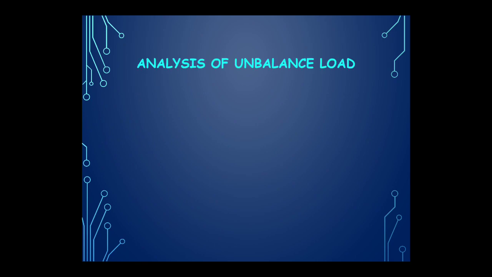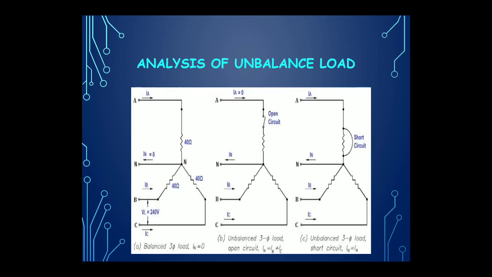Now analysis of unbalanced load. Here you can see the first one is the balanced three-phase load where IN equals 0. This is a star connection. When this is balanced, it means the load impedance or load resistance of each phase is the same. These are 40 ohm, you can see here. So the load currents are also the same, because these three coils are identical in nature.